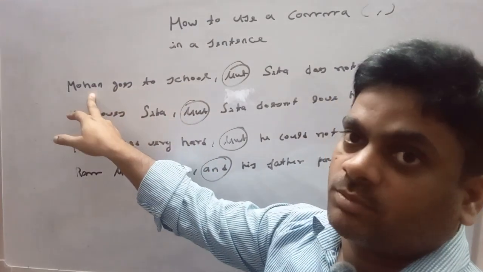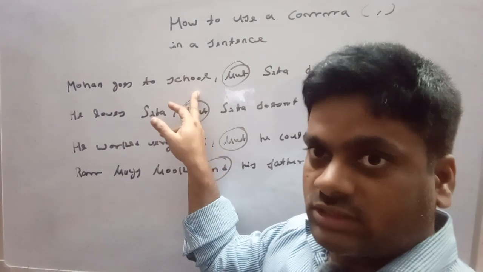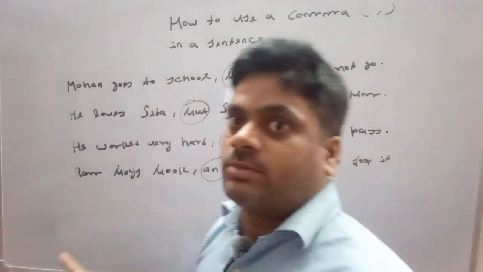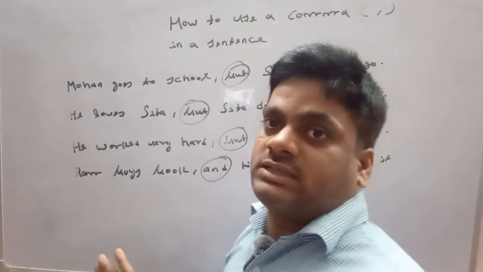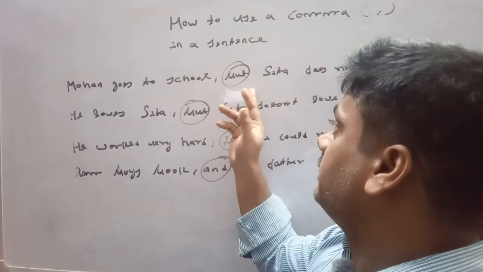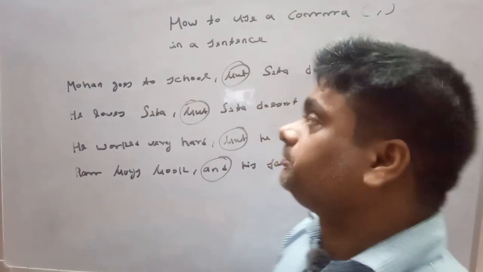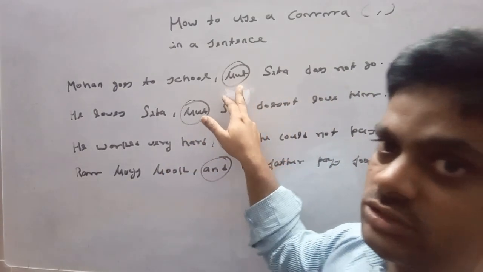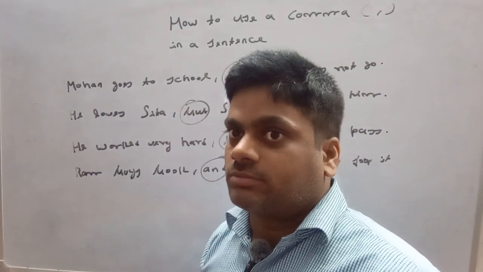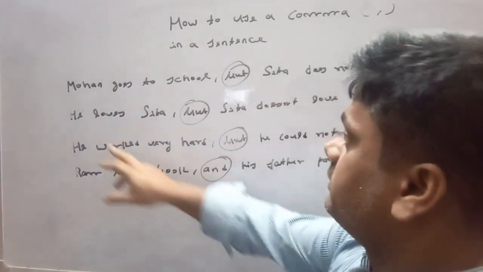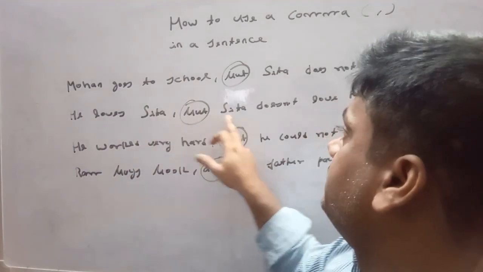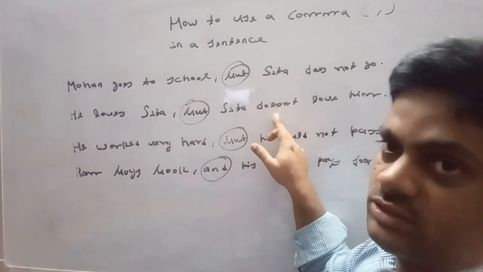This is the first principal clause, Mohan goes to school. It is going to be connected with another principal clause, and between both the principal clauses we have used a comma before the next principal clause. The coordinating conjunction is working between both the principal clauses. So, guys, he loves Sita is a principal clause, but Sita doesn't love him is also a principal clause.